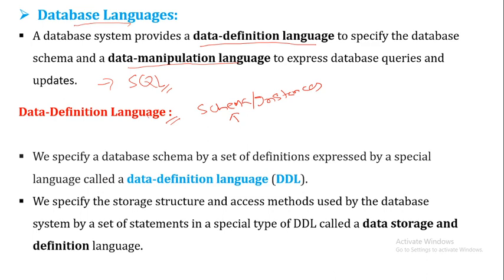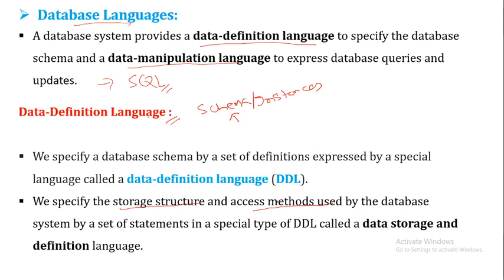In this data definition language, we mainly focus on data storage: how the data structure will be, the storage structure of your data, and the access methods. What are the different access methods that need to be used by the database system?